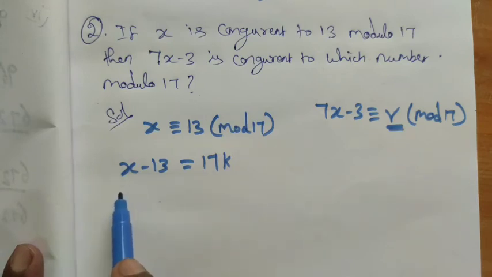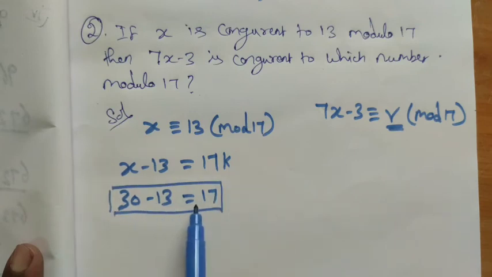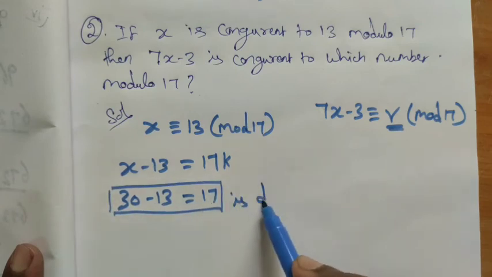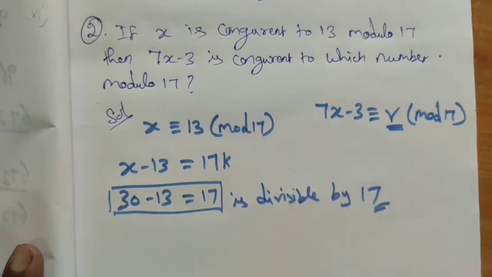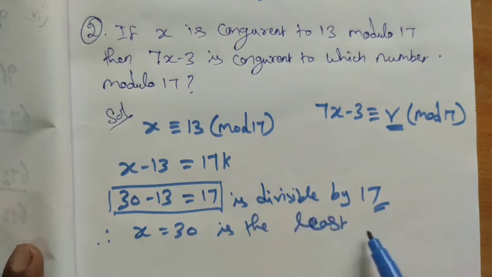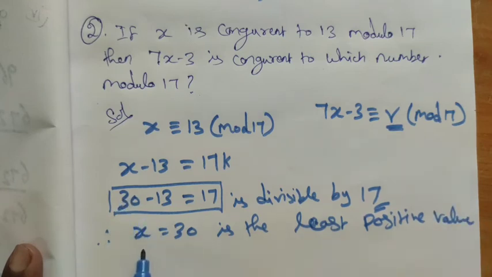Clearly, 30 minus 13 is equal to 17, which is divisible by 17, right? Therefore the least positive value is x equal to 30. No other number is smaller, right? So the first starting number x equal to 30 is the least positive value.